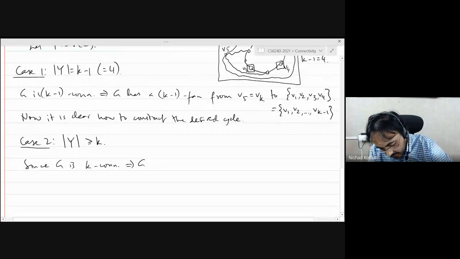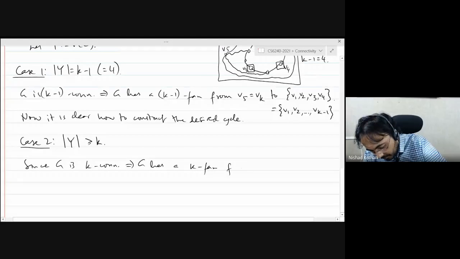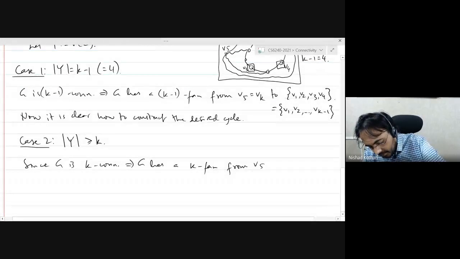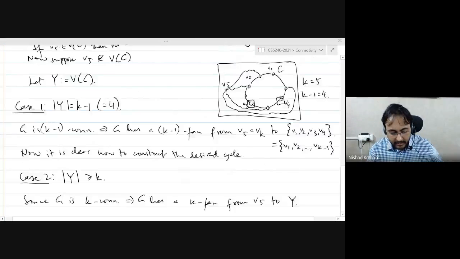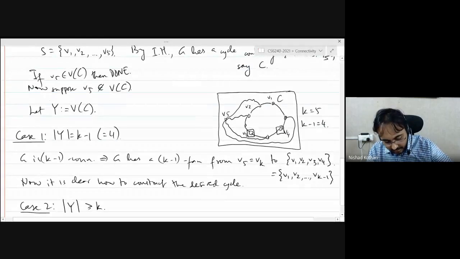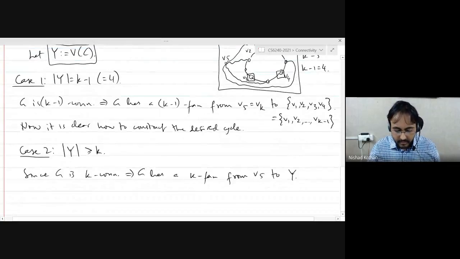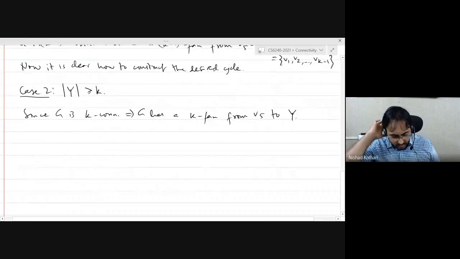Okay. So in this case, since G is k connected, G has a k fan from V5 to the set Y. Y is the set of the vertices of the cycle, just to remind you, right? Good.